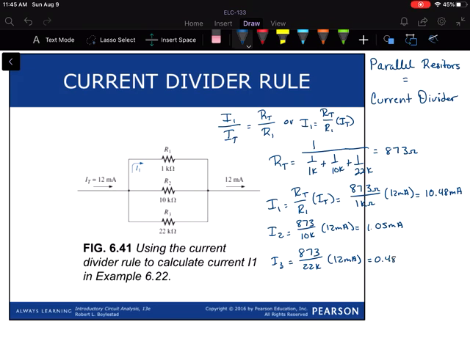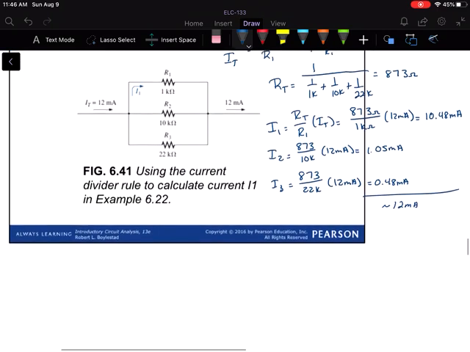Let's get the right units here. Now, if we added this up, 10.48 plus 1.05 plus 0.48, we should get very close to the 12 milliamps that we started with. So that's the current divider rule.